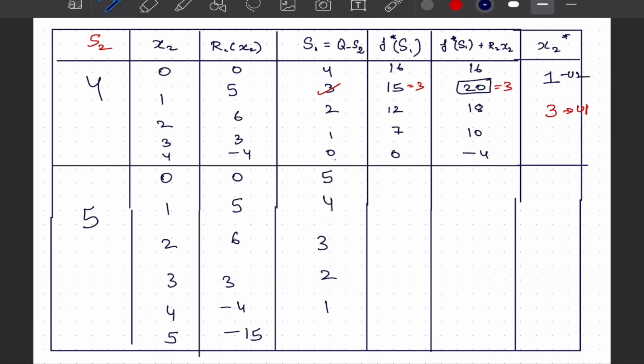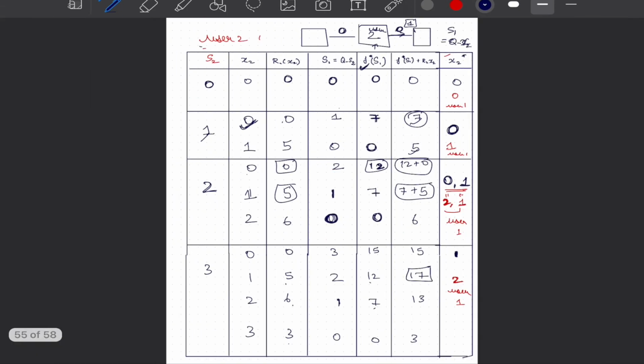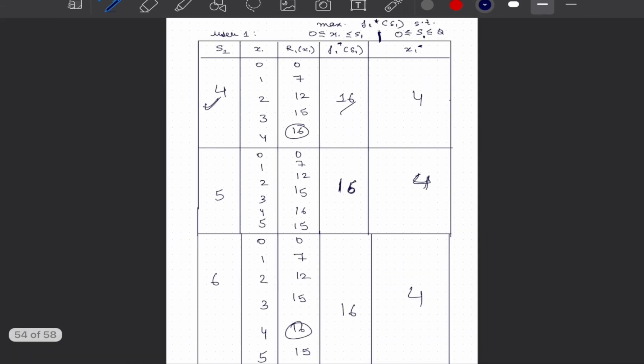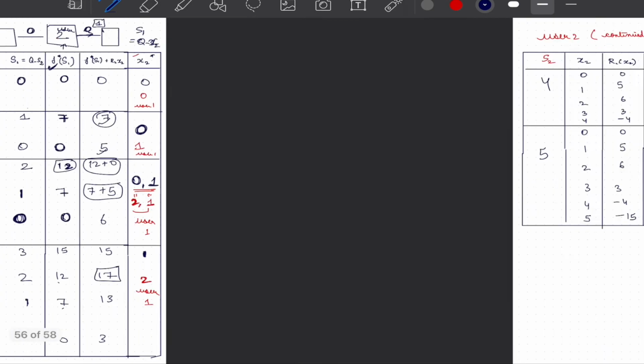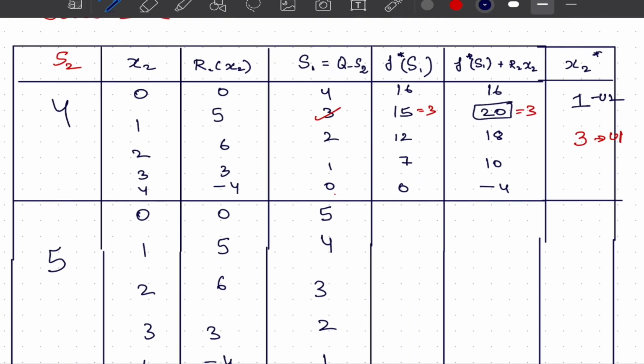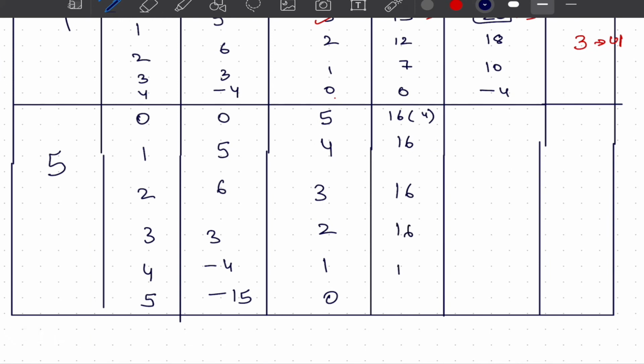Let us quickly move to 5, and please see it very carefully. So this is 0, 1, 2, 3, 4, 5, and if we look at the returns, this would be 0, 5, 6, 3, minus 4, and corresponding to 5 we have minus 15. If we allocate 0 here, we have 5 available: 5, 4, 3, 2, 1, 0. When we have 5 units of water available to user 1, we should only allocate 4.